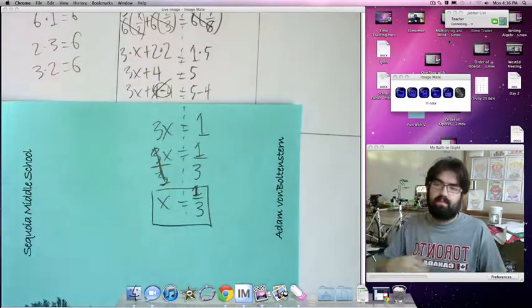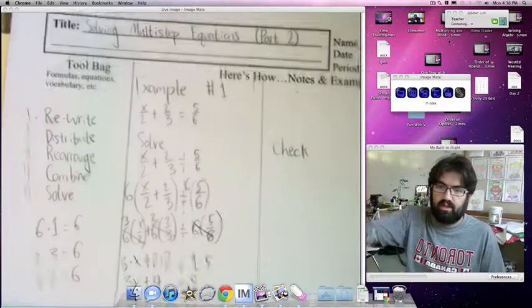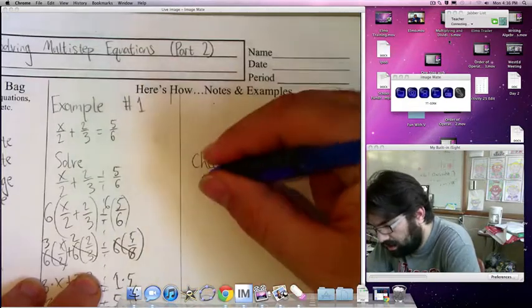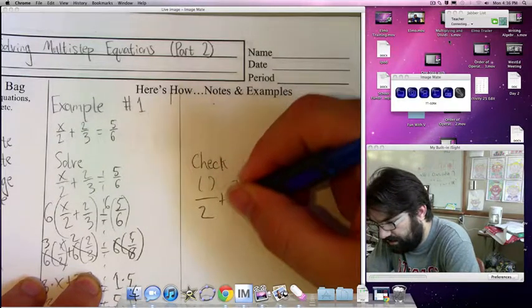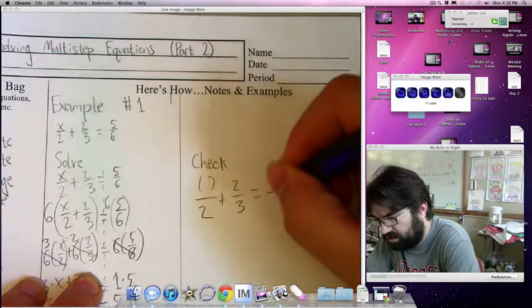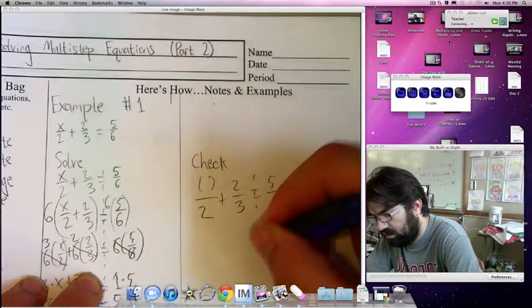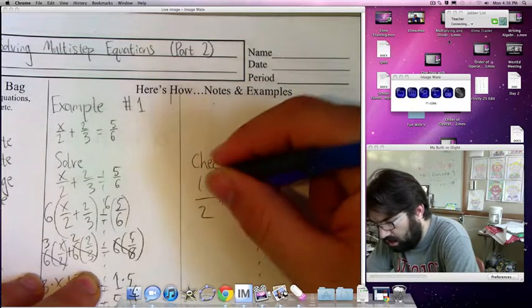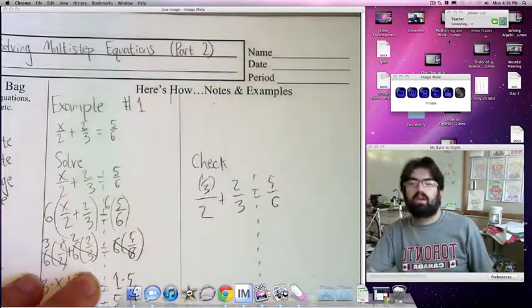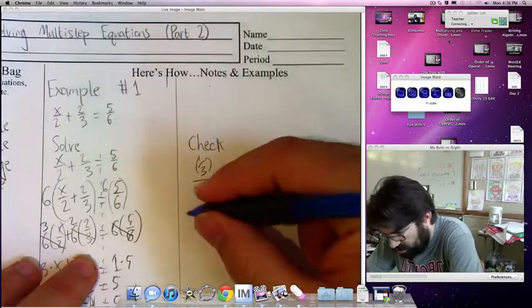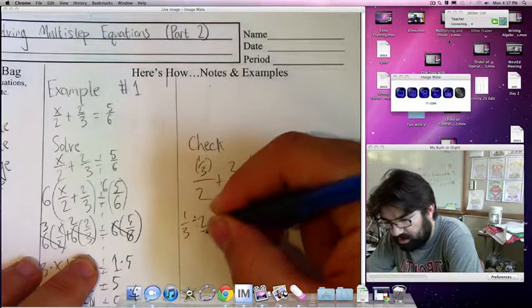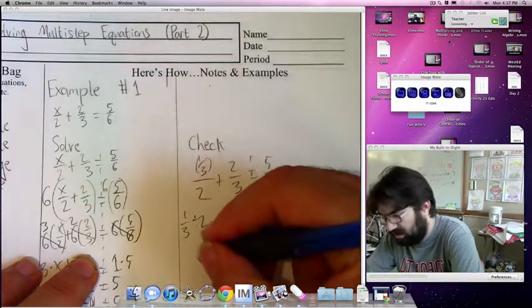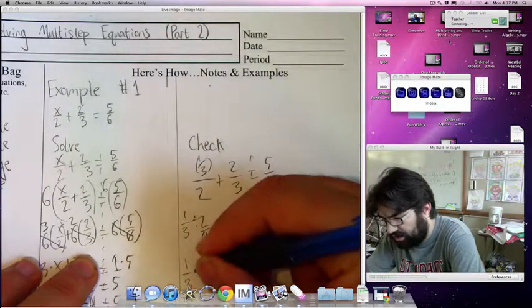We're going to do our check. Let's go back up here. Some number divided by 2 plus 2 over 3 is equal to 5 over 6, supposedly. If I'm plugging 1/3 in, a fraction divided by a whole number is just... well, divide by 2, turn that into a fraction, right? So really this is going to be 1/3 times 1/2.